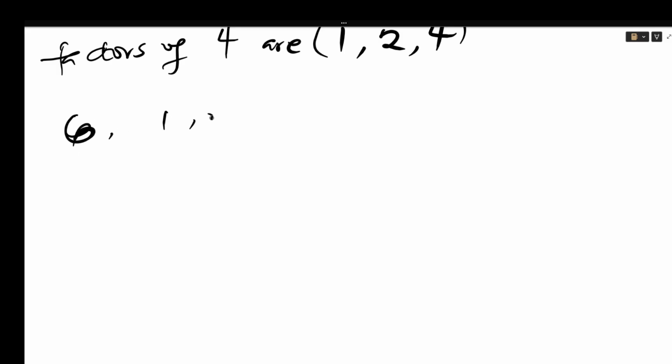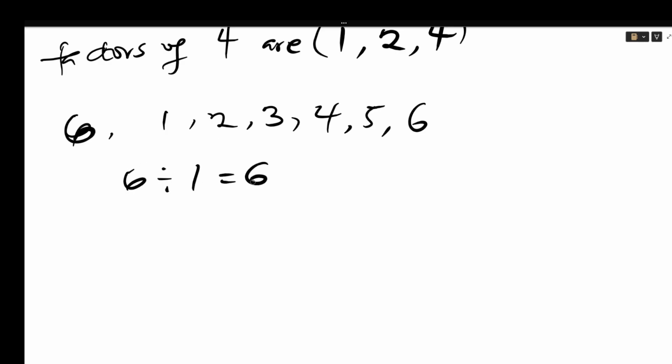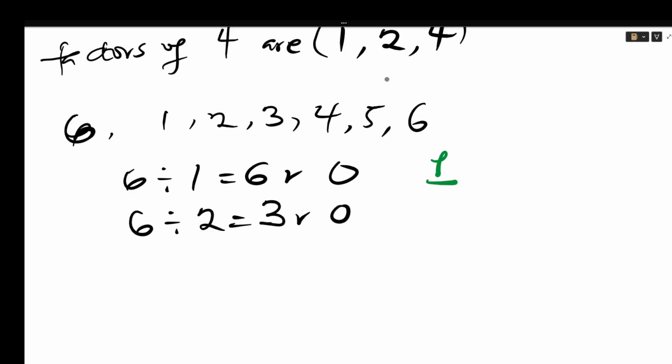So maybe we can list all the numbers up to 6, then we try one by one. So 6 divided by 1 is 6, remainder 0. Therefore, I consider 1 to be a factor of 6. We move on to 2. 6 divided by 2 is 3, remainder 0. I therefore consider 2 also to be a factor.